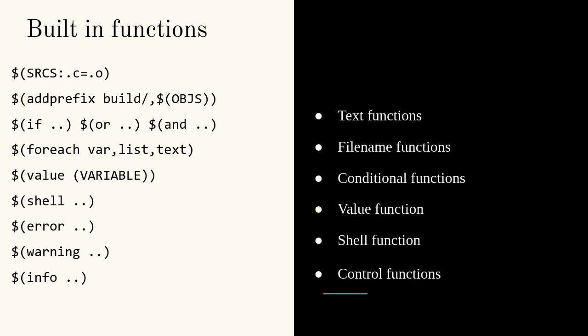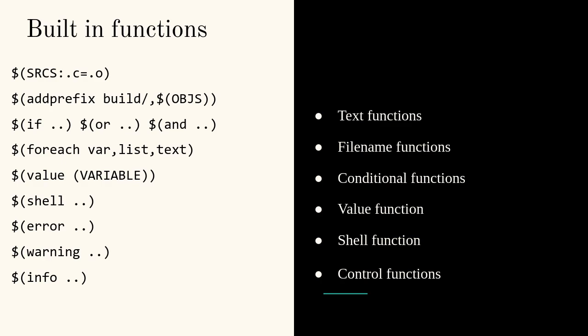Now we have a listing of some of the built-in functions. There's a lot that aren't listed here, like the file name functions and some of the text functions, but it gives you some idea of what you can do with Make. And these aren't extensions in Make, so whether it's BSD Make or GNU Make, you should have access to all of these functions.